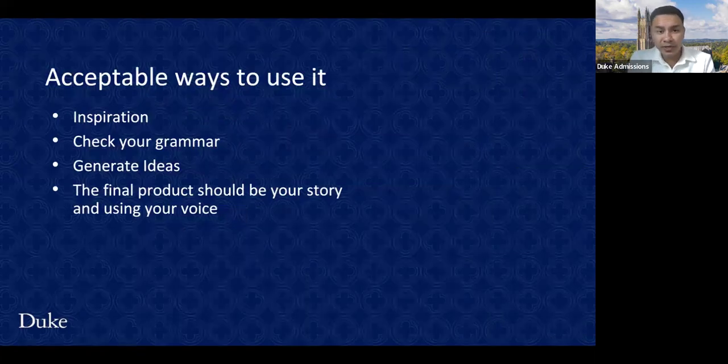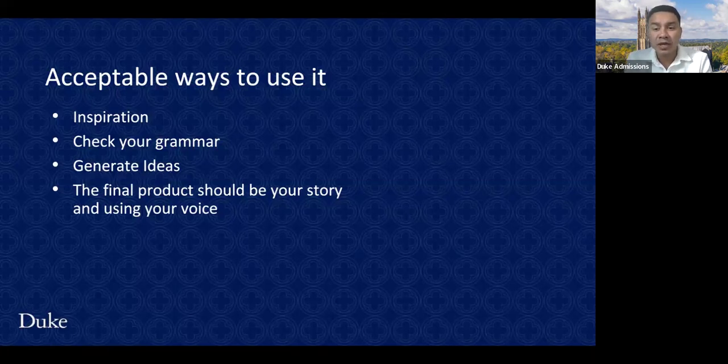So for us, for Duke in particular, and in our process, some acceptable ways that you might be using artificial intelligence, ChatGPT, or any other artificial intelligence platform is for inspiration to write an essay, or to respond to one of our supplemental questions.